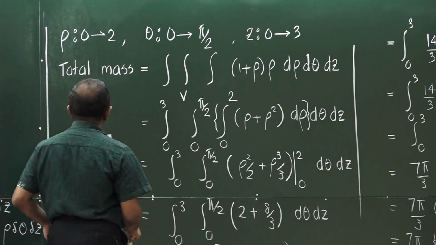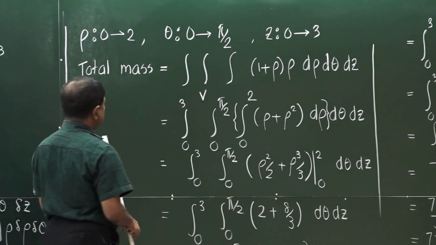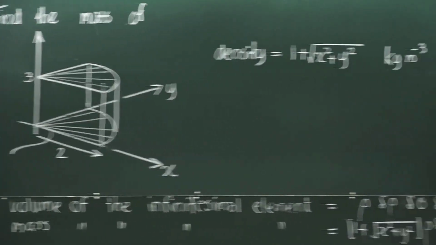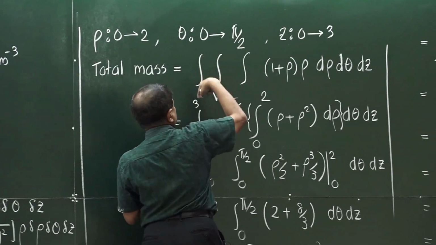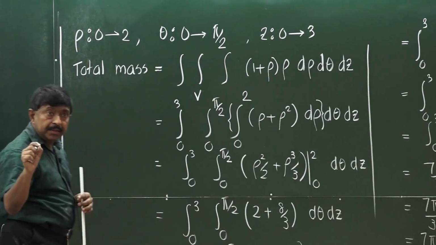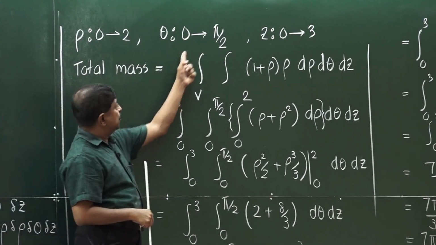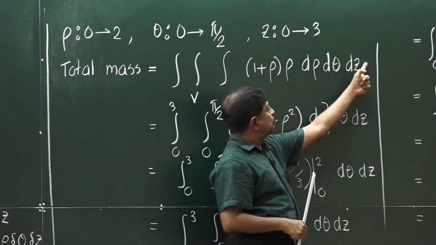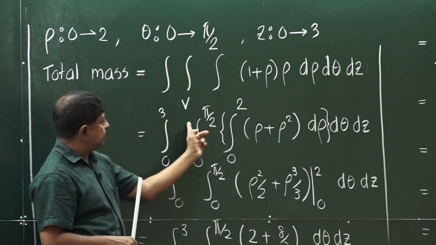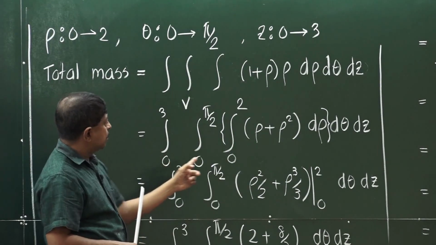Now, total mass, let this volume be V. In V, that is why I have introduced the V there, without exactly indicating the limits. In V, this is what you have for the mass. Now, let us assign the limits.